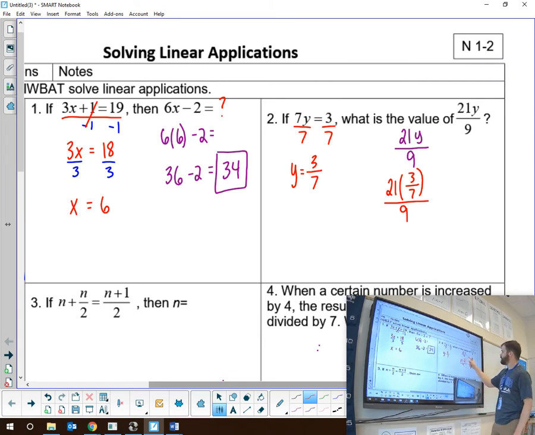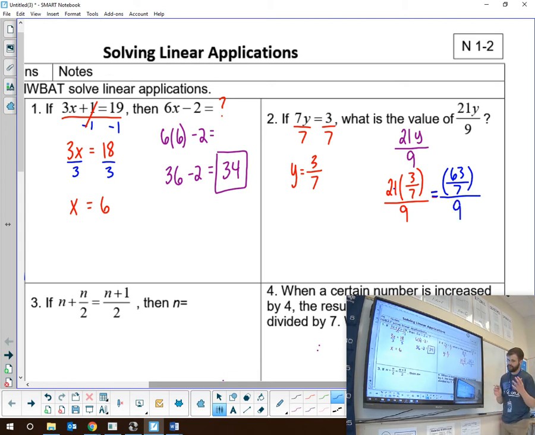So 21 times 3, well, that's going to be 63. Okay, so we're going to have 63 over 7. So I'm going to write that out here. Let's change colors. 21 times 3 is 63. We're going to have 63 over 7 over 9.